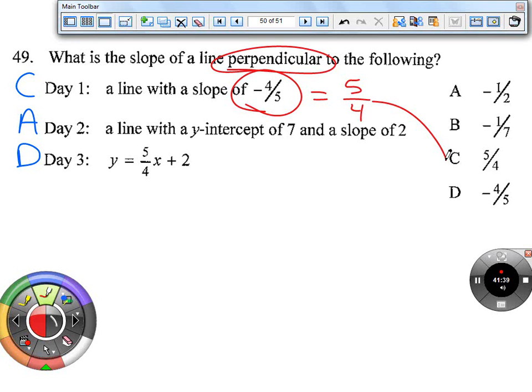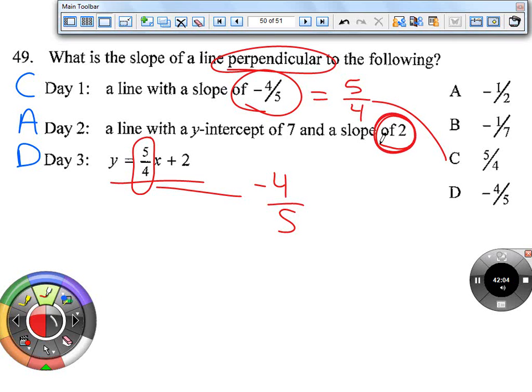Line with the, let's try this one. So if this one has a slope of 5/4, then what we'd have to do is flip it, and change the sign. So these would be perpendicular lines. They would have these slopes. Okay? And what is this one? Line with the y-intercept of 7 and slope of 2. Well, we're just paying attention to the slope of 2.